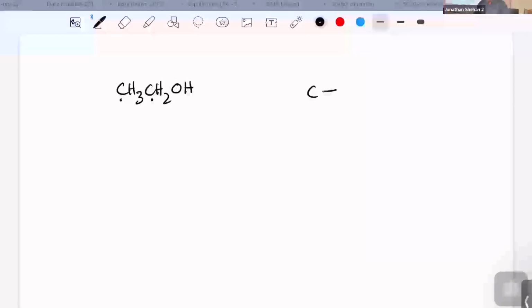There are 2 carbons, right? So 2 carbon atoms. There can be 4 bonds, so I can put 3 hydrogen atoms on this carbon, and to the second carbon we can put 2 hydrogens, and then the OH bond we have to display like this. This is ethanol. It has 2 carbons and it's an alcohol.